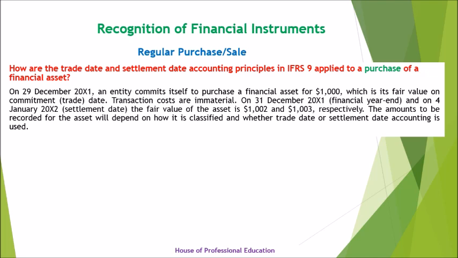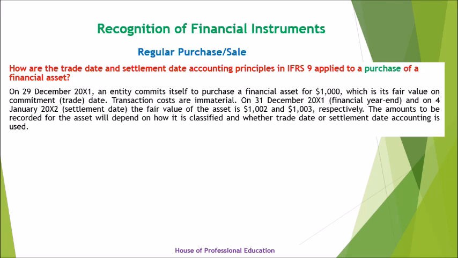And on settlement date, the financial asset will be recorded at $1003, and the difference in fair value, i.e. $3, will be recorded via P&L or OCI as the case may be. But if we are recording our financial instruments based on amortized cost method, then the financial asset will be recorded at $1000.